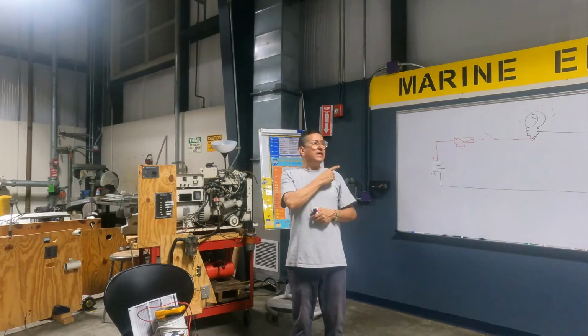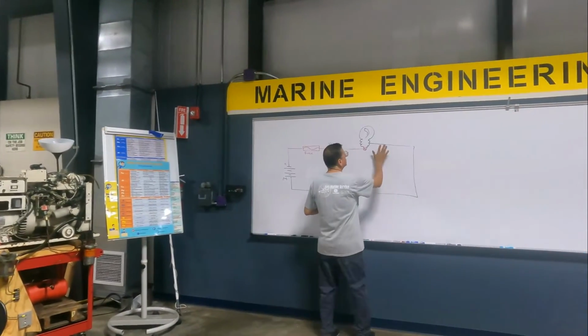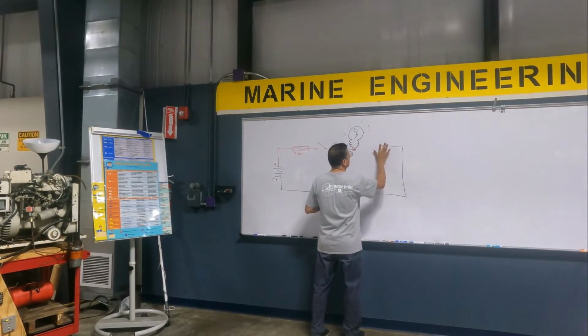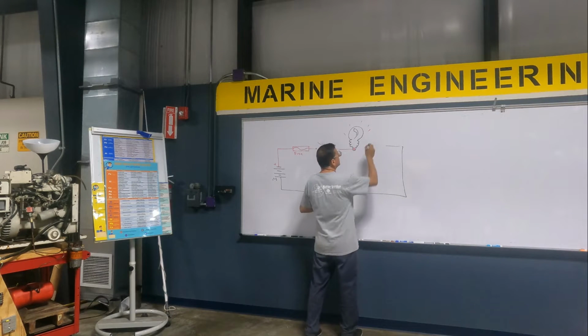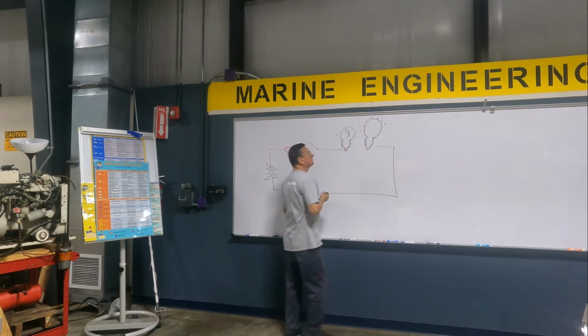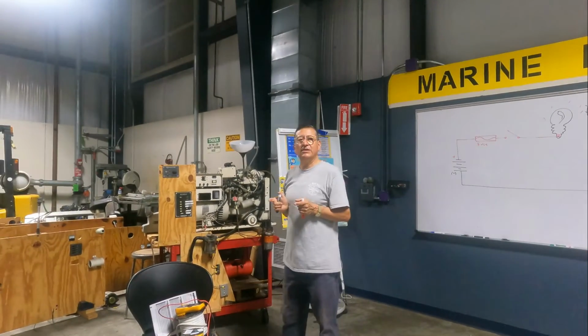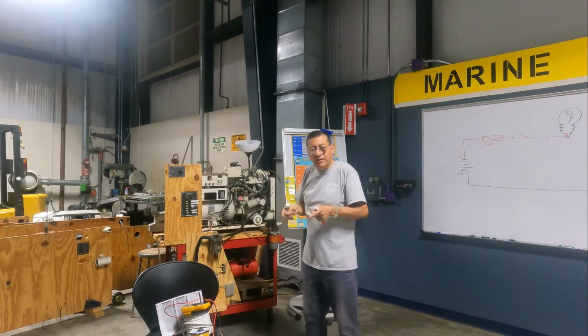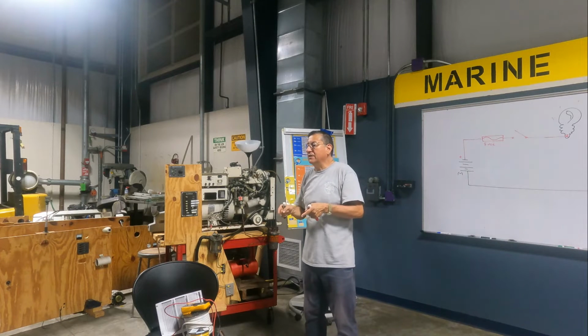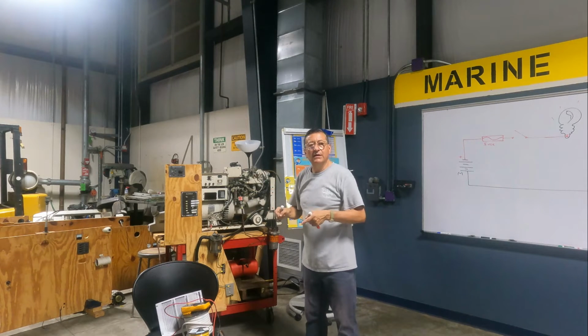Let me try to connect another light bulb in series with this. You remember when you connect the batteries in series, what is the procedure? I have the first one, positive terminal here and negative. What about the second one? It goes to a positive.